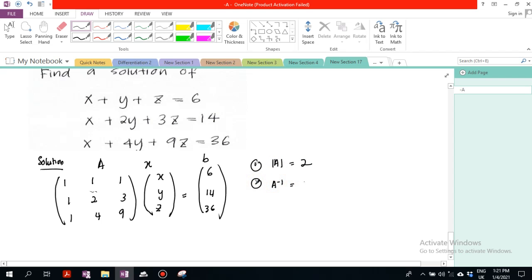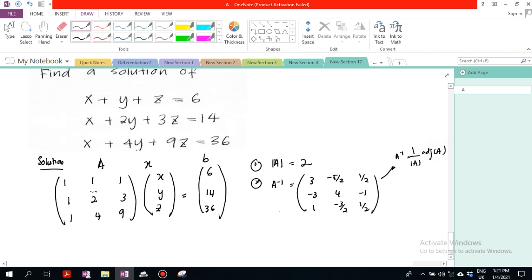In this case, you will have 3, -5/2, 1/2, then -3, 4, -1, then 1, -3/2, 1/2. This is based on the formula A inverse equal to 1 over determinant of A times adjoint A. So you get this one.